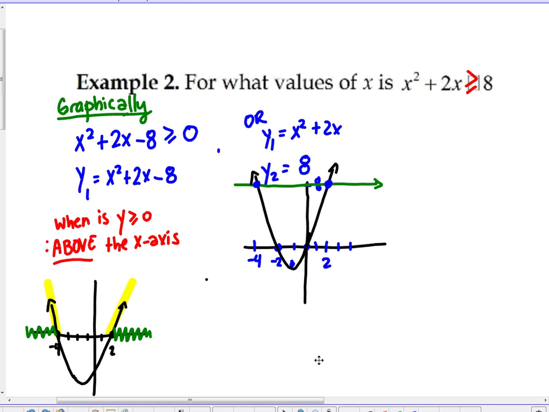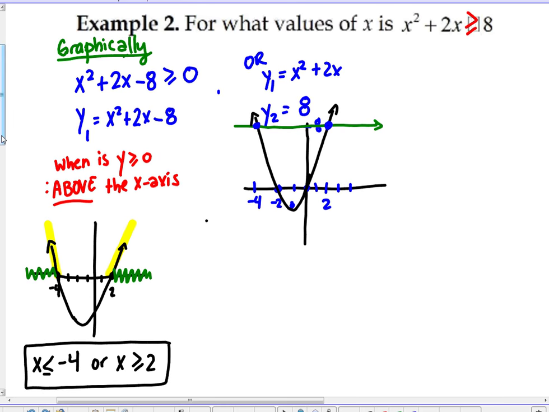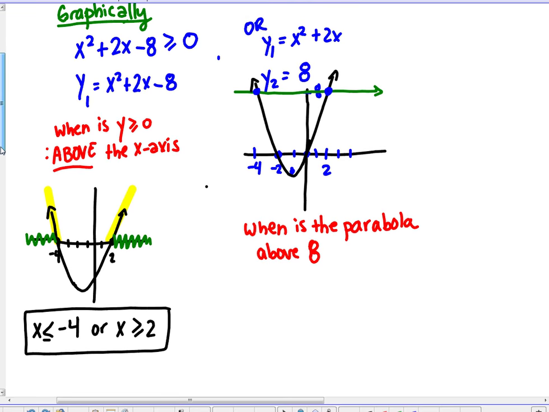And so here you're asking, when is the parabola above 8, right? Above the line y equals 8.